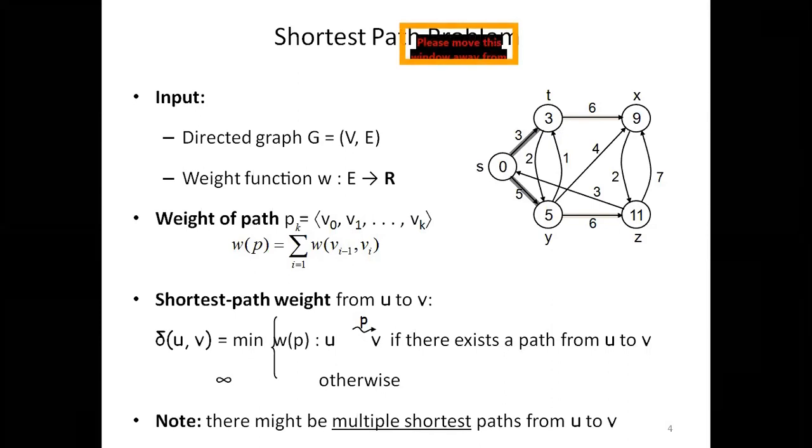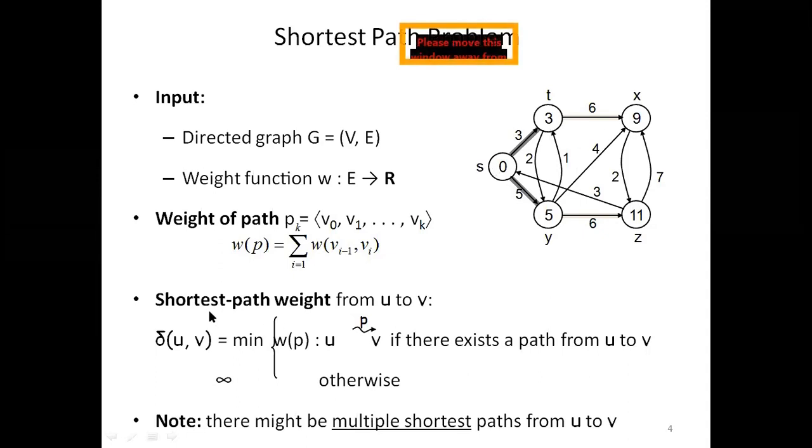For example, 3 and 4 are two vertices, and between them we have the edge (vi-1, vi).